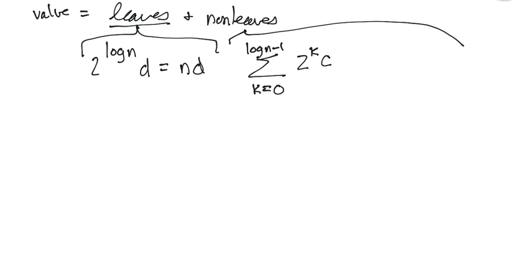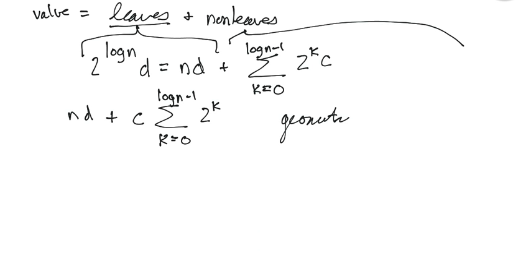Now this is not hard to simplify. We have nd, and now from our summation, let's pull the c out in the front and factor out the c, and we end up with this summation, which is a geometric series.